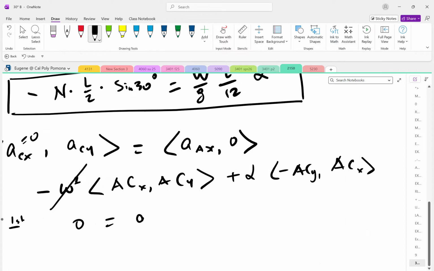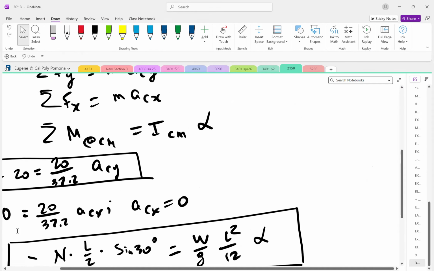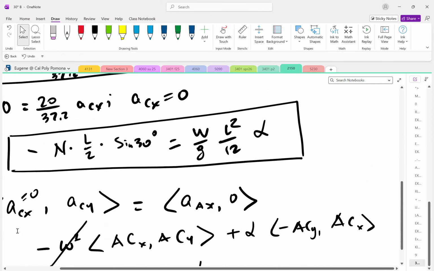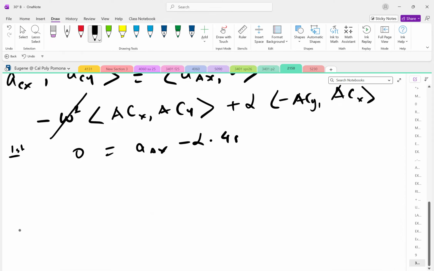0 equals a_Ax minus alpha times a_Cy, and that's going to be 4 times cos 30. That's the first equation.